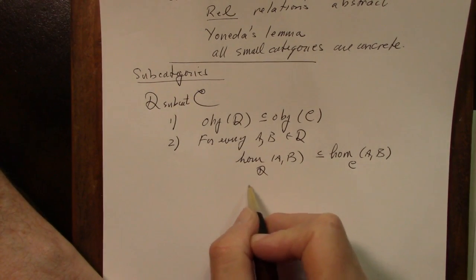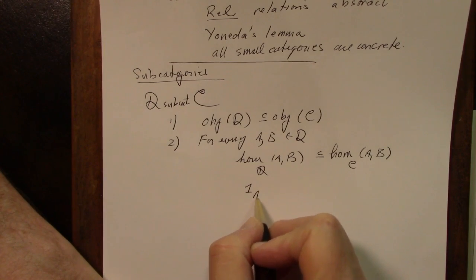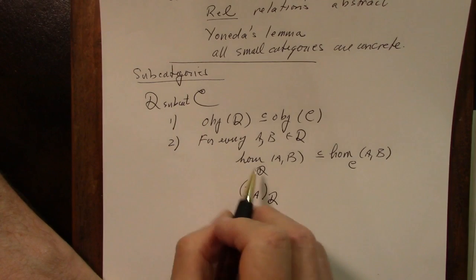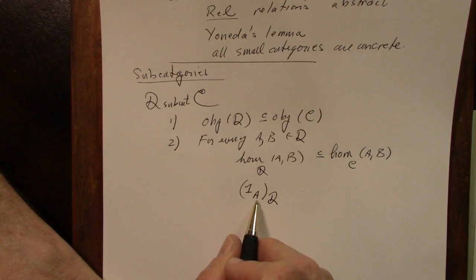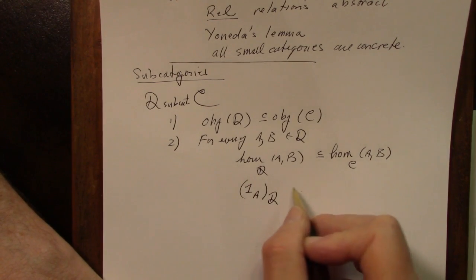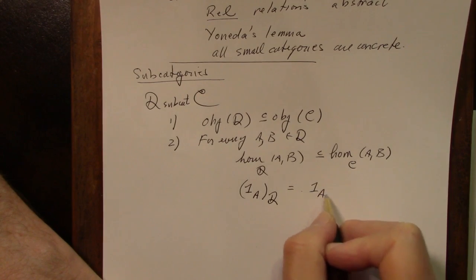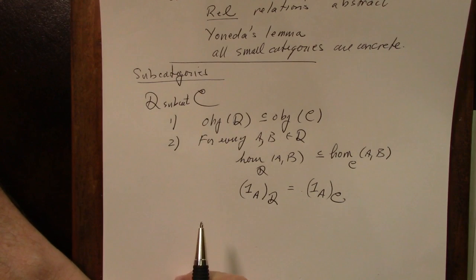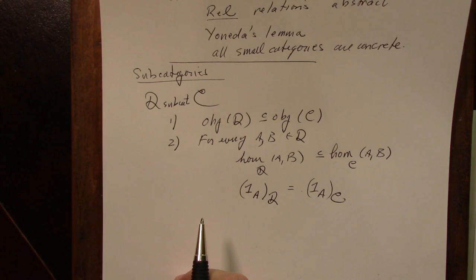Also, the identity map in D for an object A in D has to be the one that came from C, that already exists because C is a category.